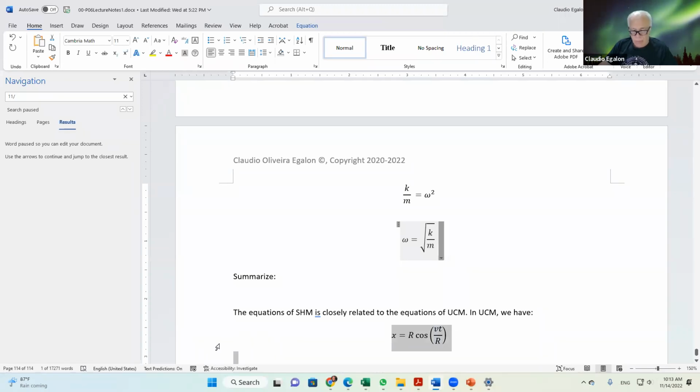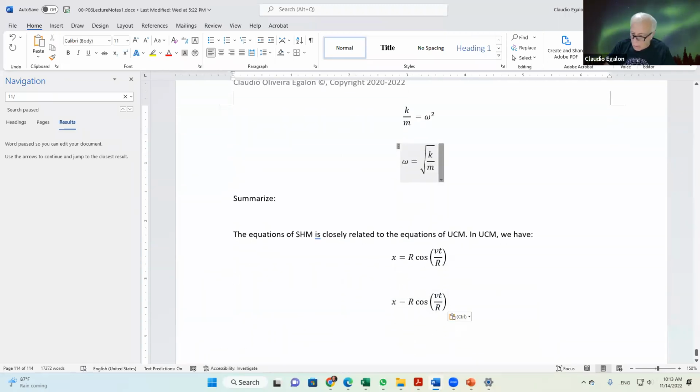For the case of simple harmonic motion, we have x equal to x naught cosine omega t.